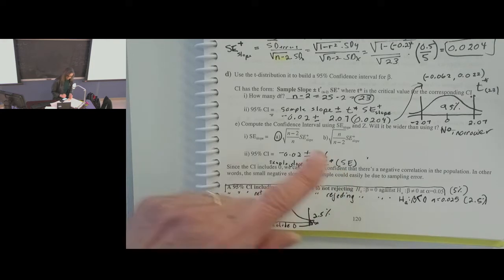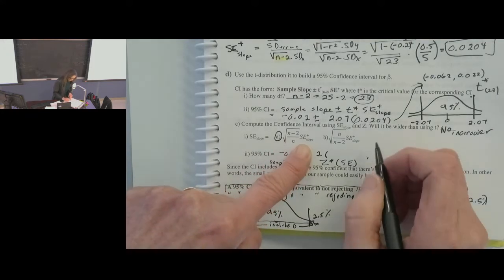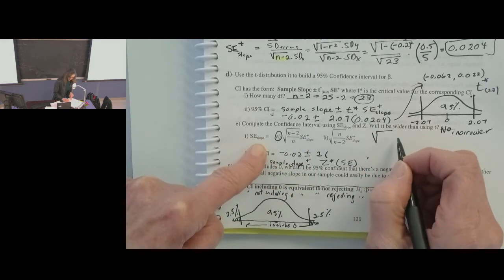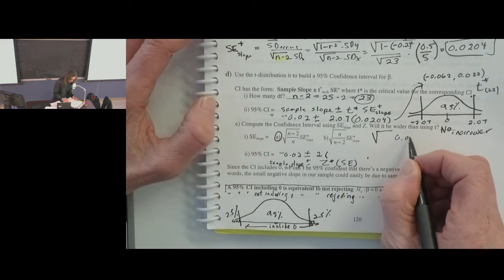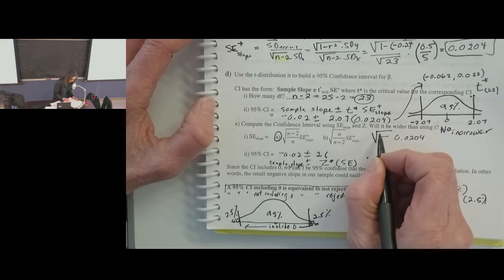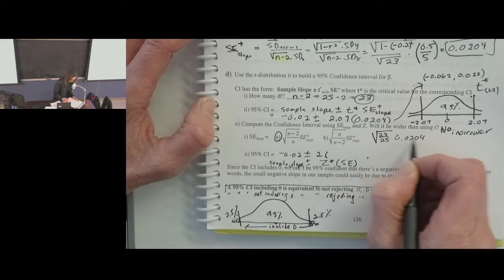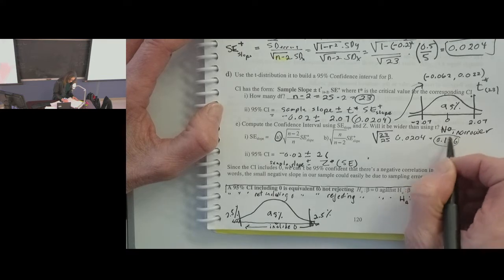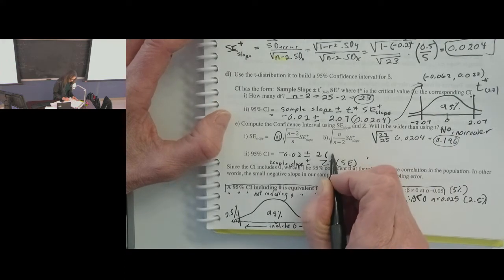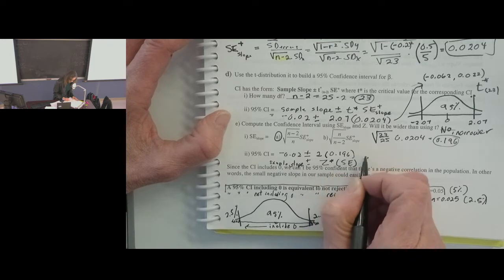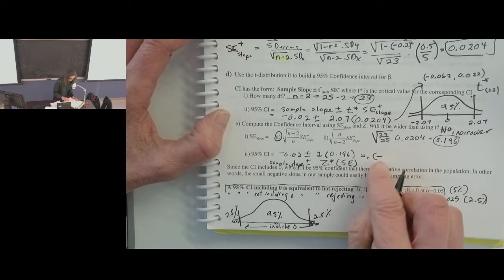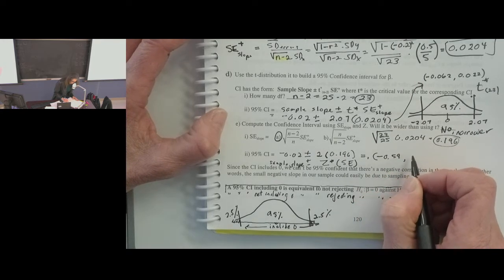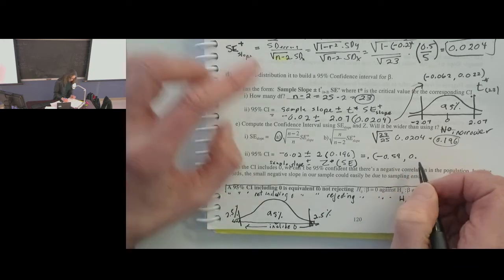How are we going to get our standard error? Let's use this right here. We can get the regular standard error by multiplying 0.0204 by 23 over 25. And I did that, and I got this. So that will be our standard error. And then I still got a negative lower limit, but it's a little bit narrower than this one.